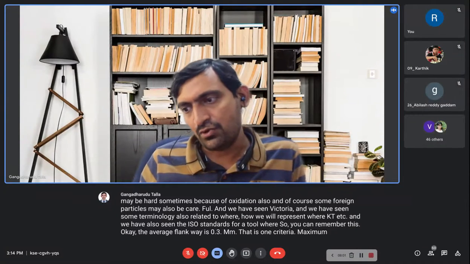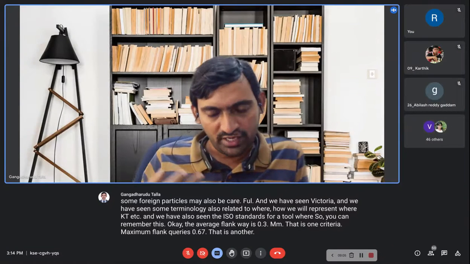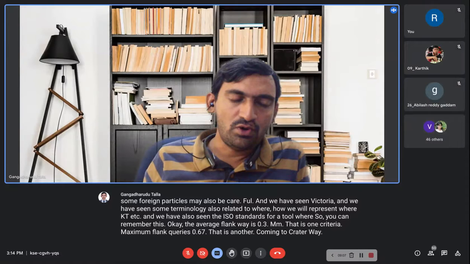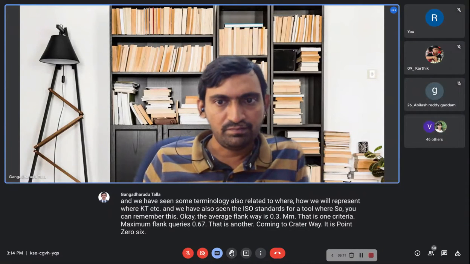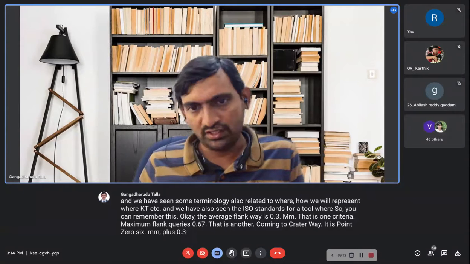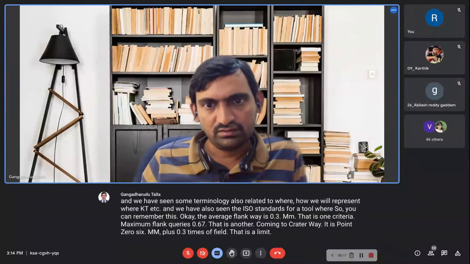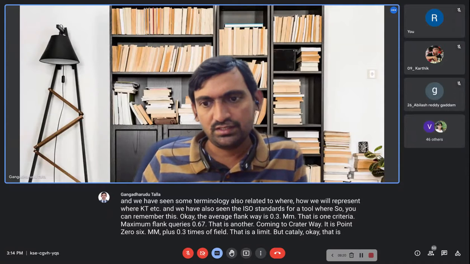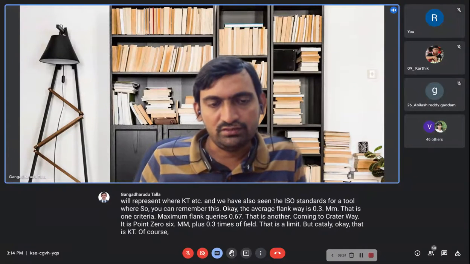Maximum flank wear is 0.6 mm. That is another. Coming to crater wear, it is 0.06 mm plus 0.3 times the feed. That is the limit for crater wear. That is KT. Of course, catastrophic failure is anyhow there.